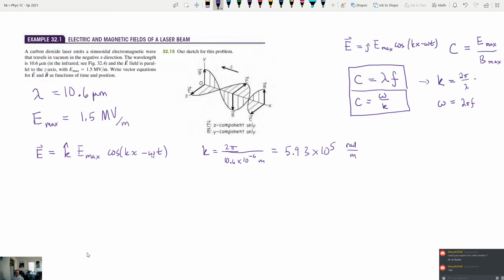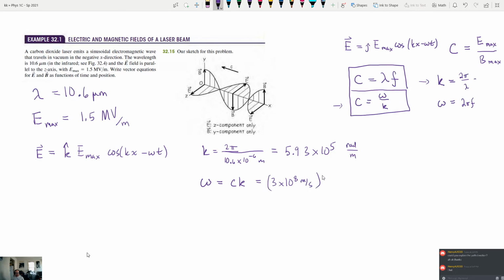We'd also like to find omega. So how are we going to find omega? The fact that c equals omega over k. So we use omega is equal to c times k from this equation right here. For c, we put the speed of light, which is about 3 times 10 to the 8 meters per second.